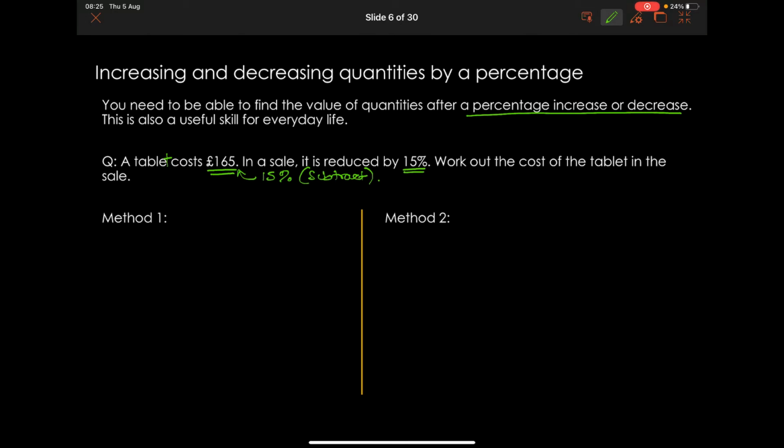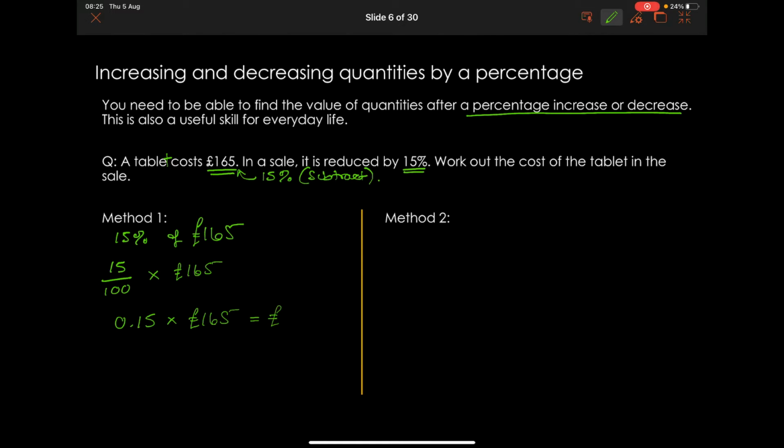So method 1 is using a similar method to what we've just been using. So it says that we've got 15% off. So I need to find 15% of £165. So remember, we could do 15 divided by 100 times by 165. Or we could recognise that 15% is written as 0.15 and times that by 165.